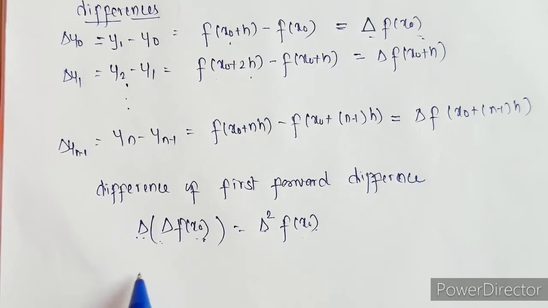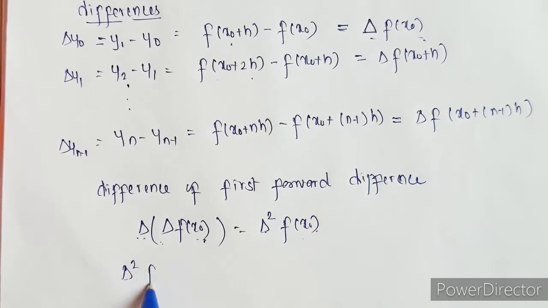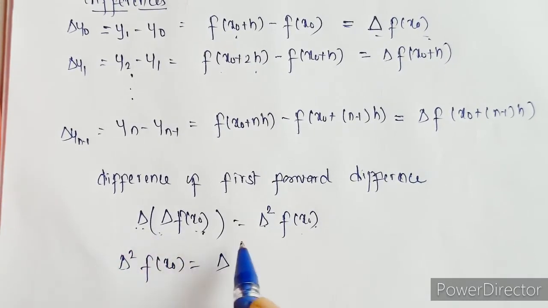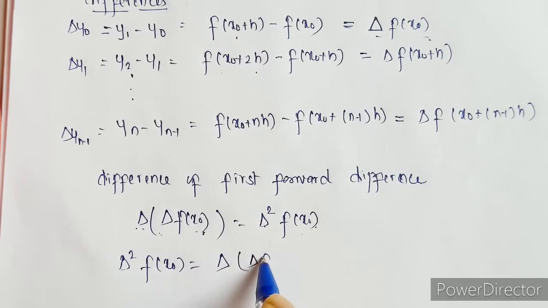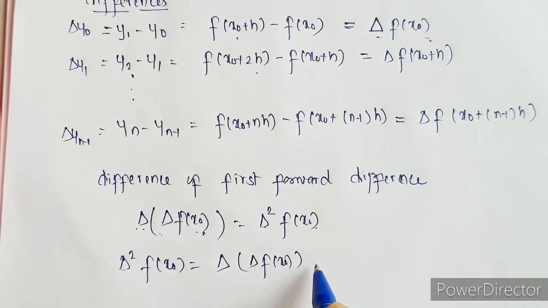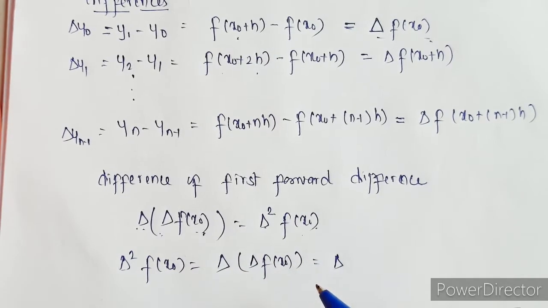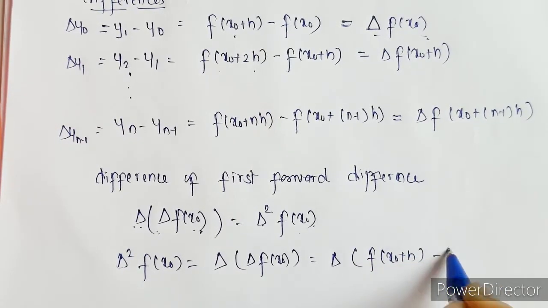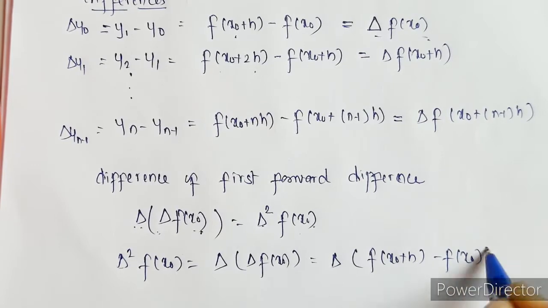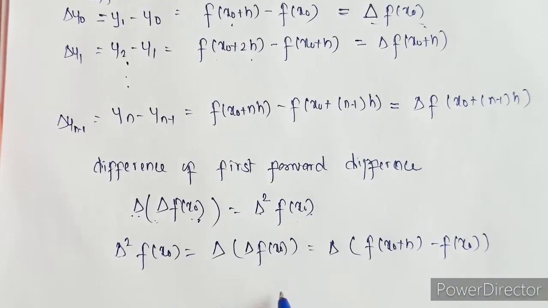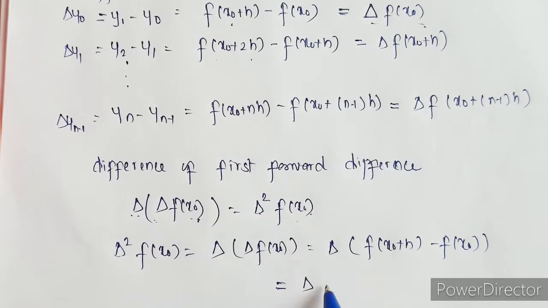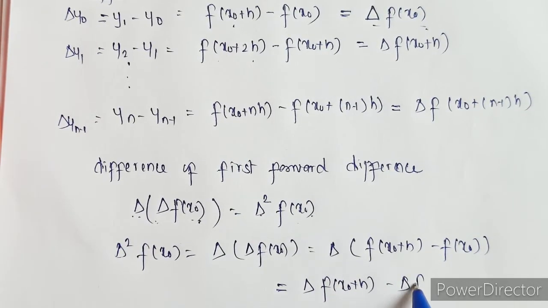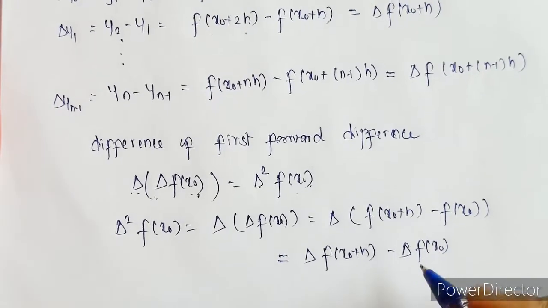And what is first forward difference? Delta square of f of x naught is difference of delta f of x naught, right? So this is nothing but delta of f of x naught plus h minus delta of f of x naught.